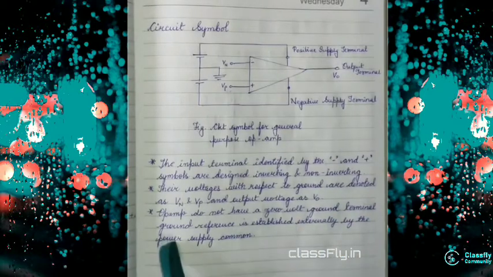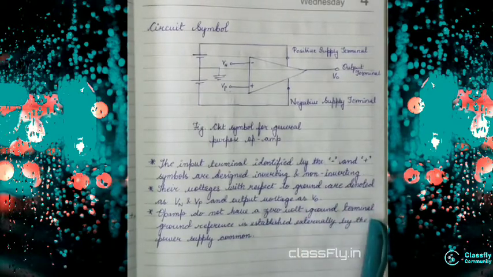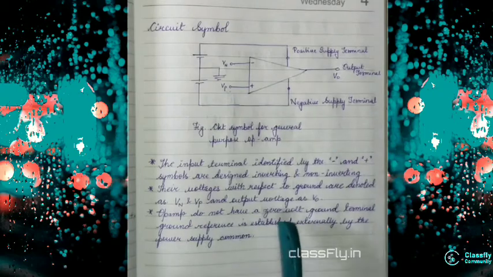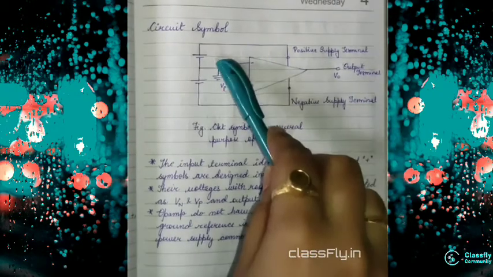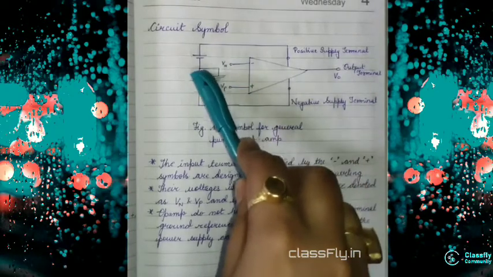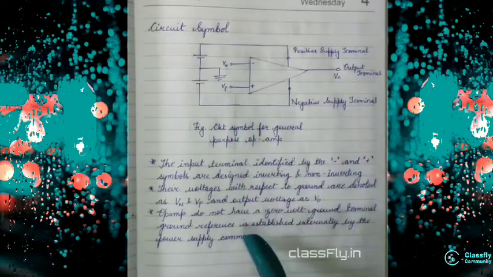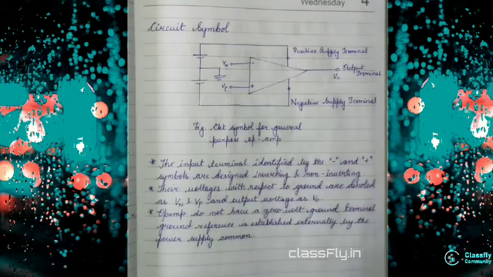Op amps do not have a 0 volt ground terminal. Ground reference is established externally by the power supply common. You can see the ground reference is connected to the power supply, and hence it doesn't have a 0 volt grounded terminal.